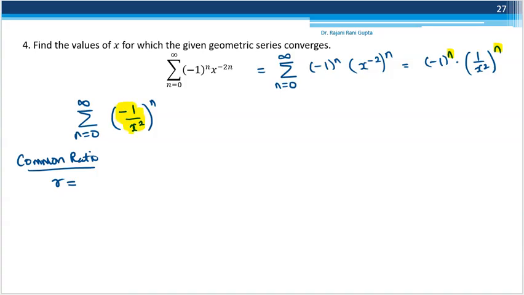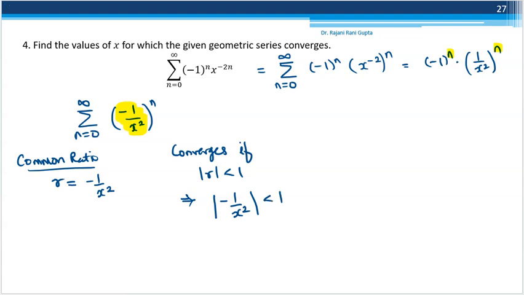Correct. It is minus 1 over x squared. Okay. Now, this common ratio converges if absolute value of r is less than 1. That implies the absolute value of minus 1 over x squared is less than 1.